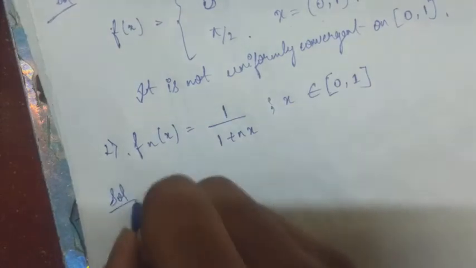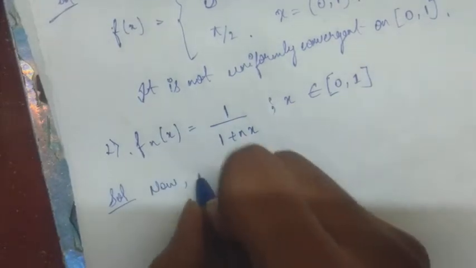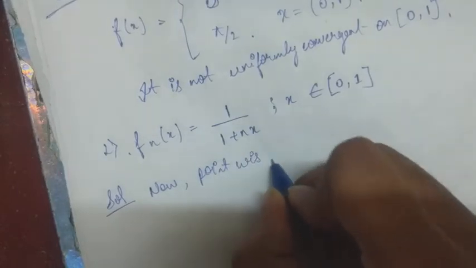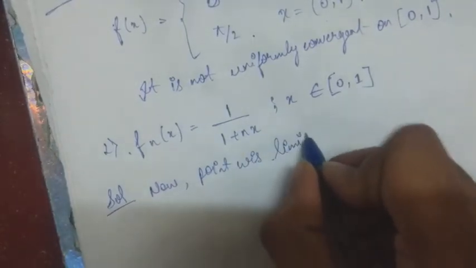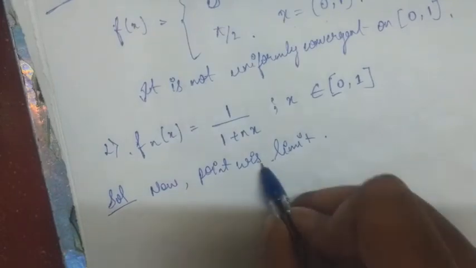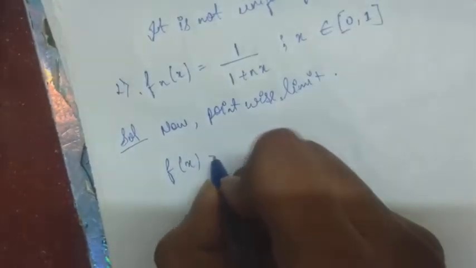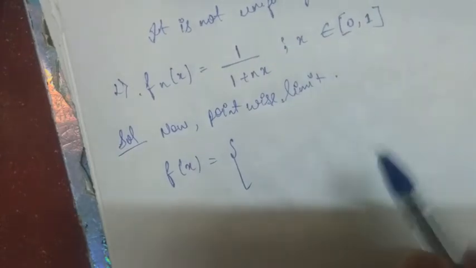We solve this by the pointwise limit to find whether the given sequence is uniformly convergent or not. Let's take x = 0 first.